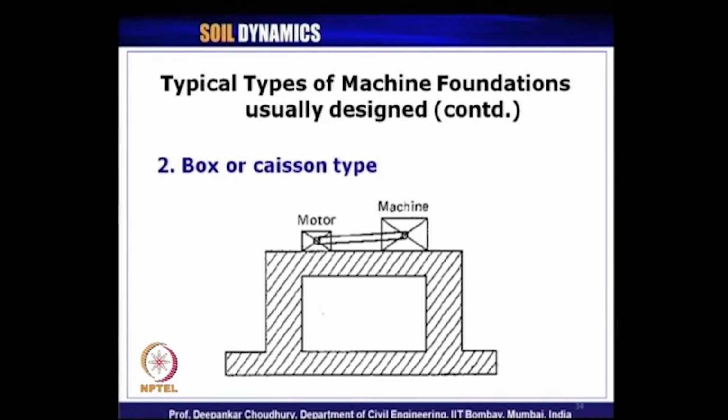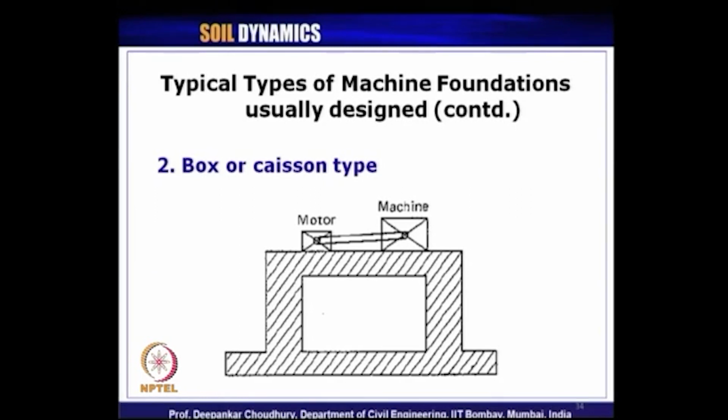Second type of machine foundation is box or caisson type. You go for box or caisson type to save some concrete, because in the design procedure for a block type foundation you may find that it requires a huge size, meaning area as well as height of the foundation.